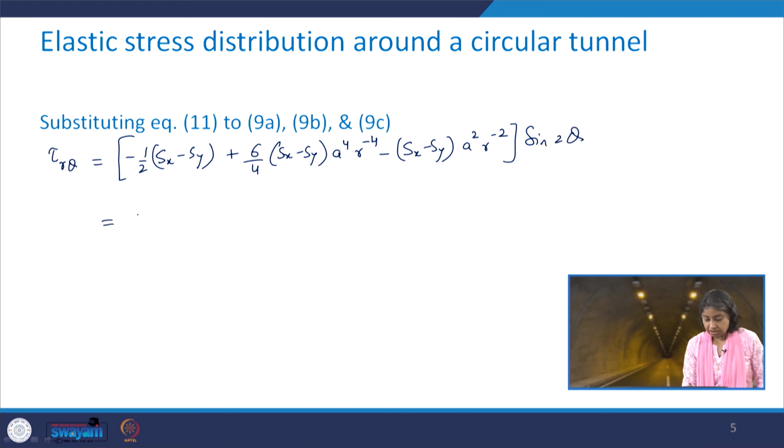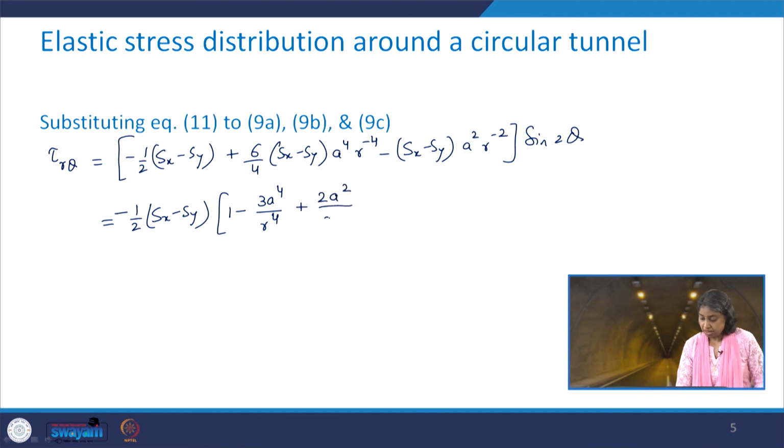Now, you take half sx minus sy and also the negative sign outside this bracket. So, you will end up having 1 minus 3a to the power 4 upon r to the power 4 plus 2a square upon r square into sine of 2 theta. Mark this equation as equation number 12c.